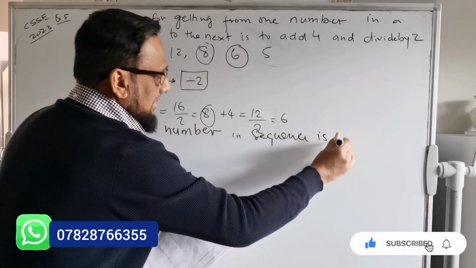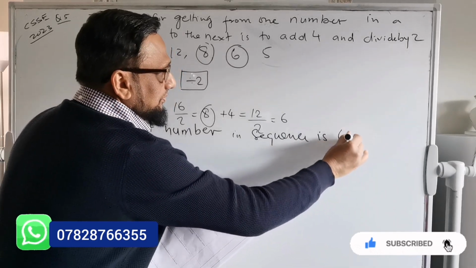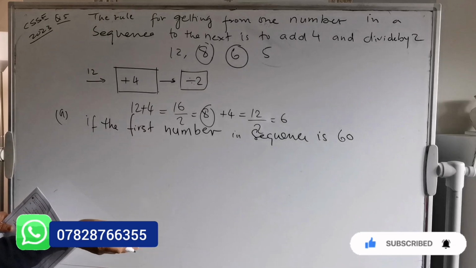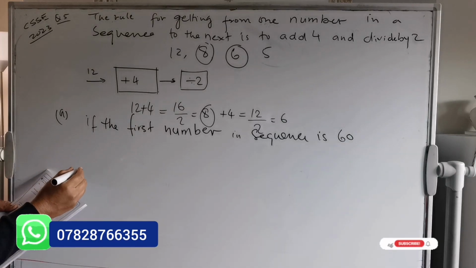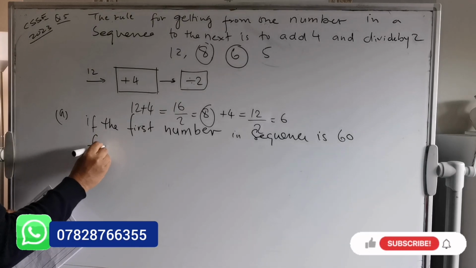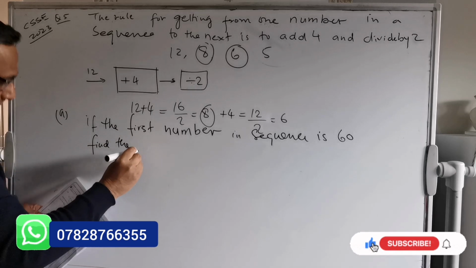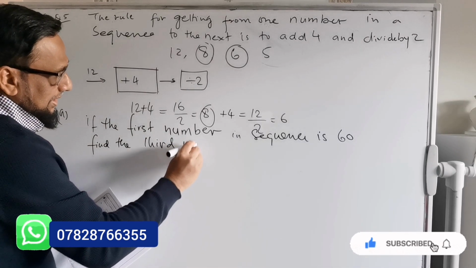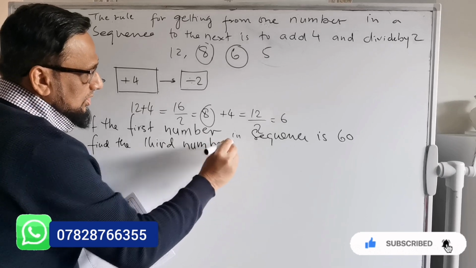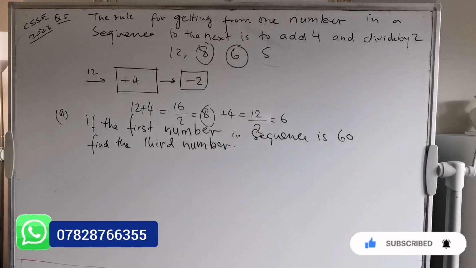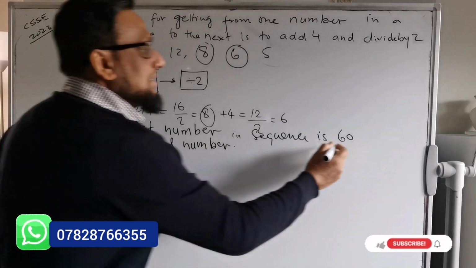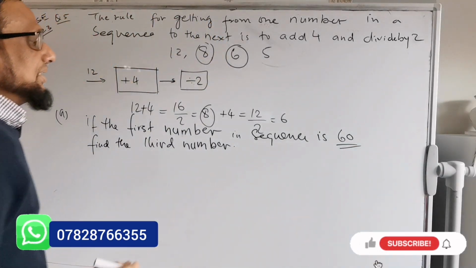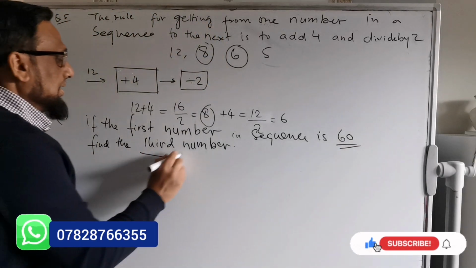If the first number in the sequence is 60, find the third number. So the first number is given, which is 60, and we need to find the third number.